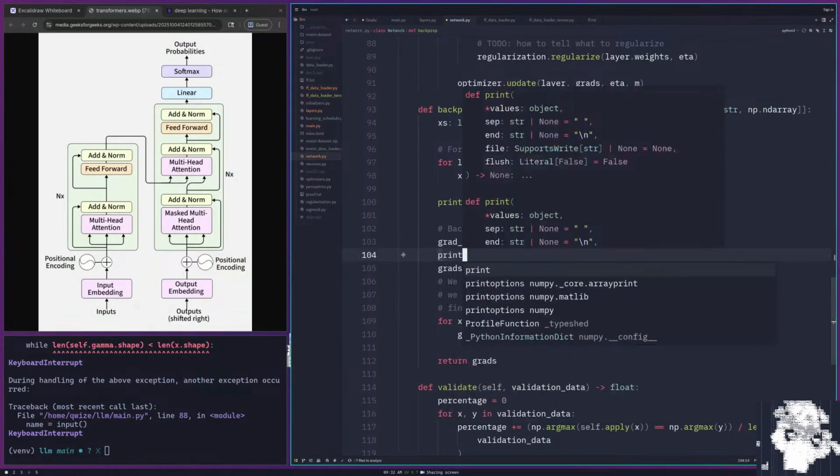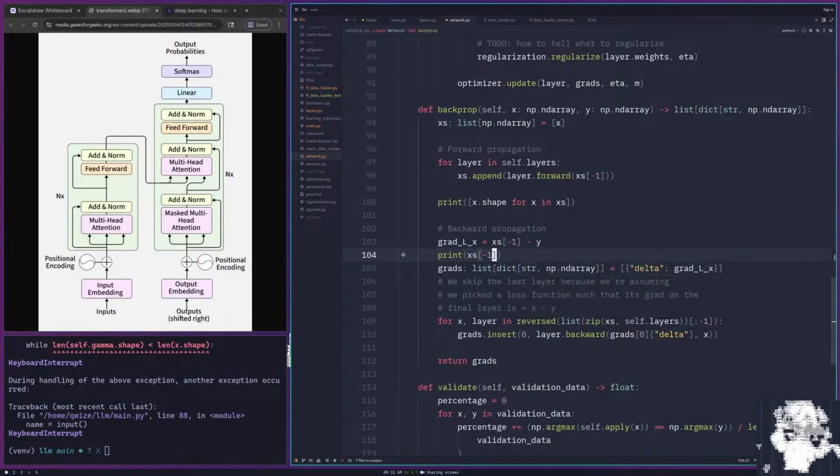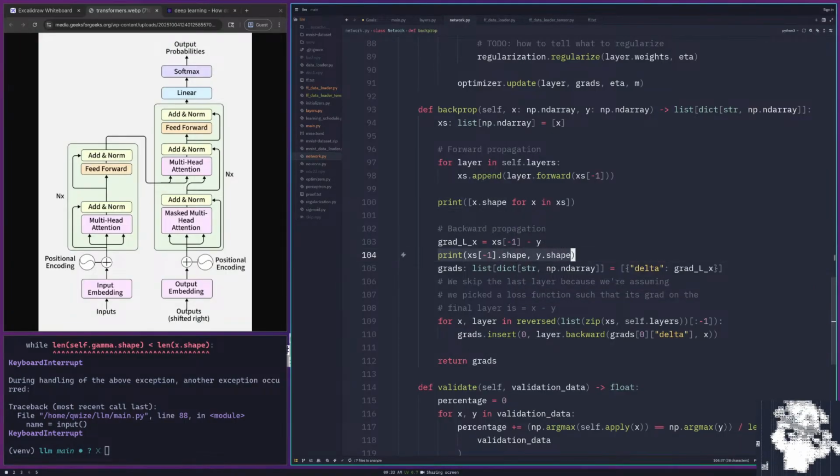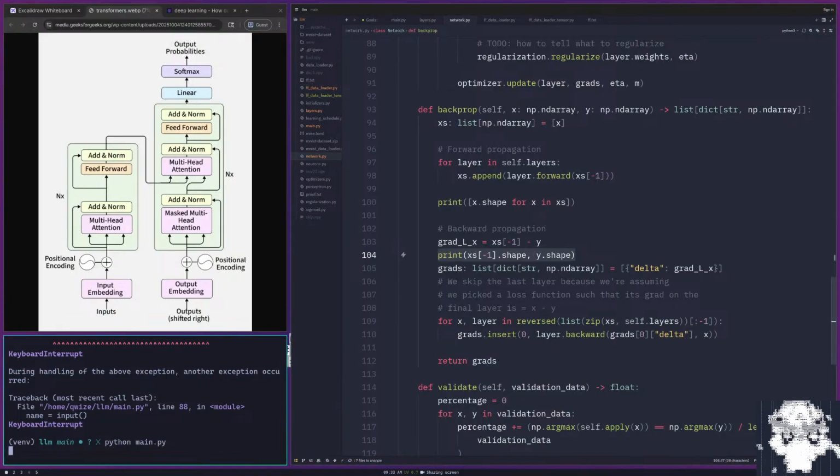Why don't we print the shapes? I expect these both to be 3D tensors. 87 by 10 by 50 is the shape that I expect for both of them.